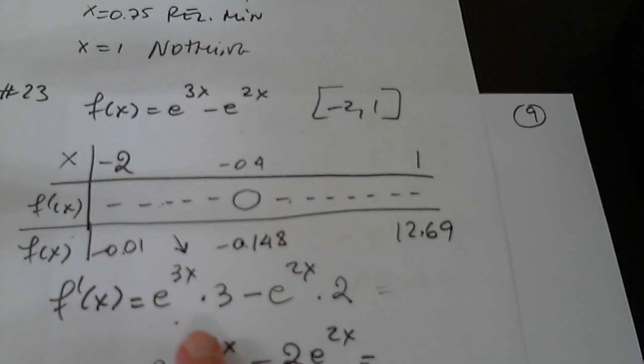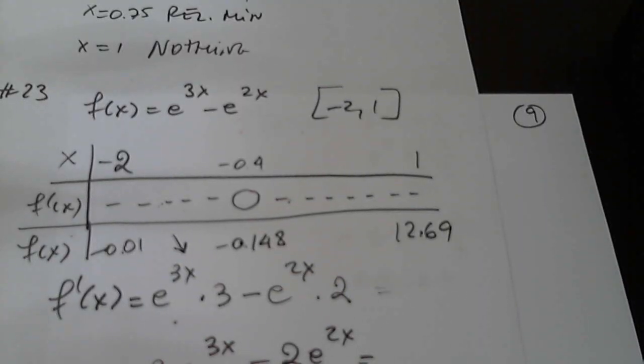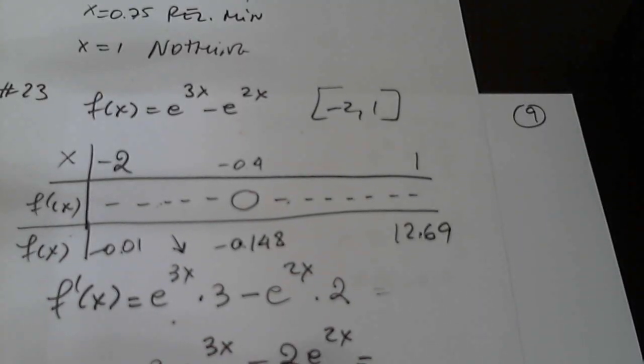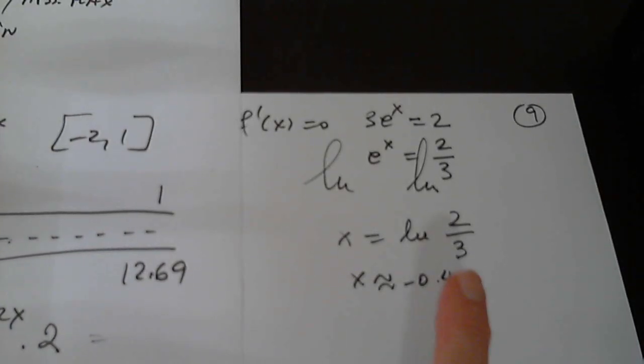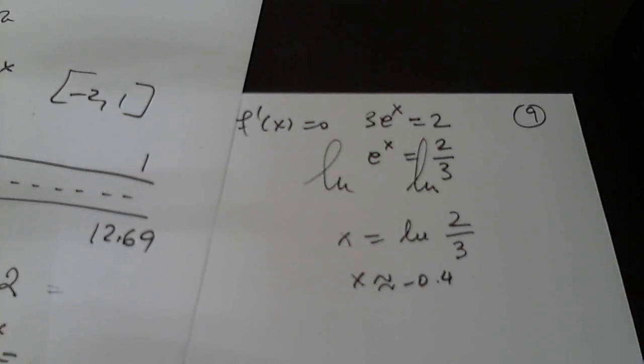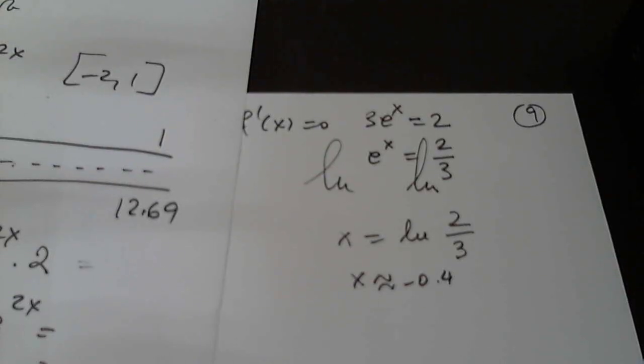So the first derivative, again, e to 2x, that's correct. So we had 2 over 3, negative 0.4. Okay, let me see what numbers I plugged into the first derivative. In the first derivative, I plugged in negative 2, and that was negative.